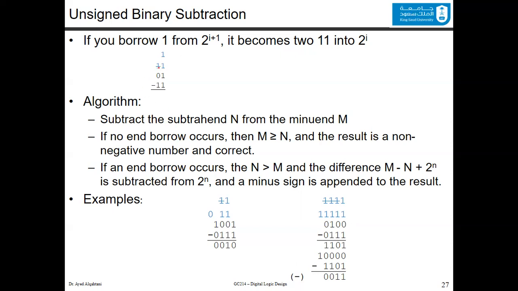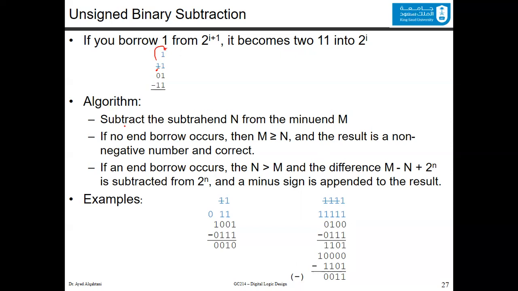Meaning, if you want to borrow this one into this stage, then you cross it and you put 2 ones. It's actually the same idea that we had in the decimal system.